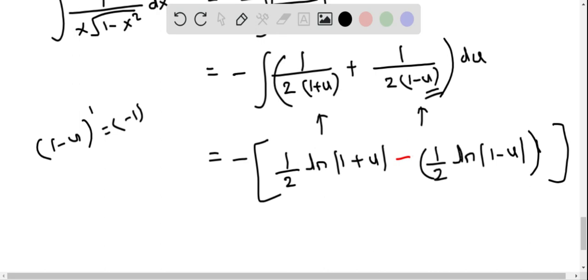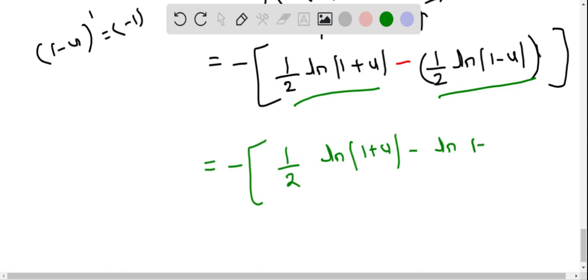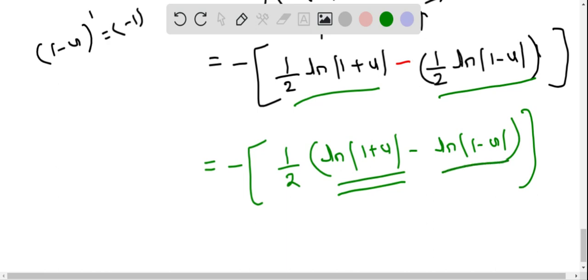Now using the properties of logarithms, we can combine these two terms. We have the common factor 1 by 2, and we will have a negative here. When we factor out the half, we have natural logarithm of 1 plus u minus natural logarithm of 1 minus u, in absolute value. Now we see that we have the natural logarithm of some expression minus the natural logarithm of another expression.